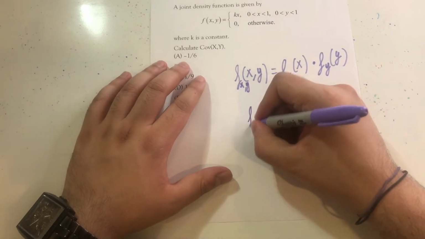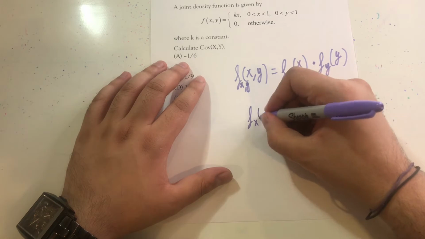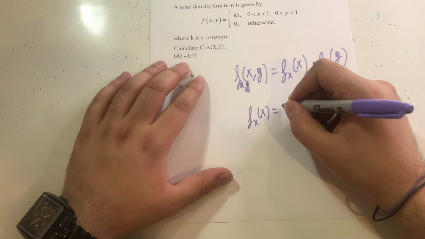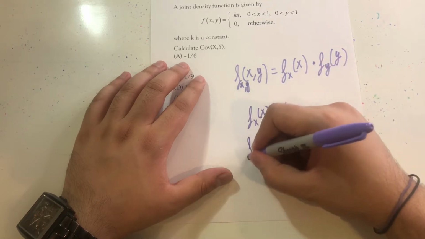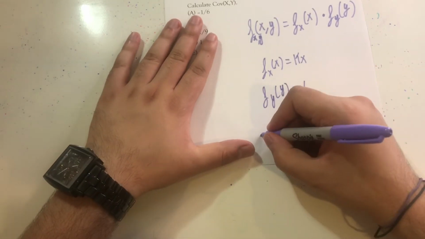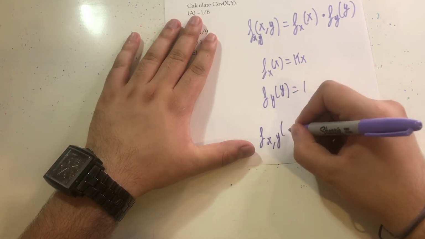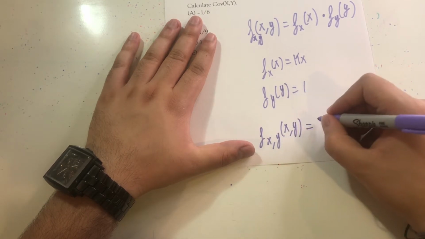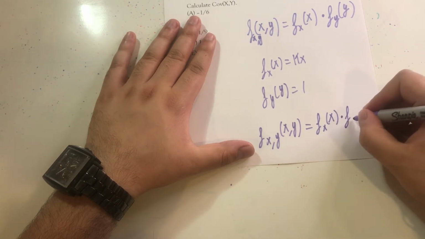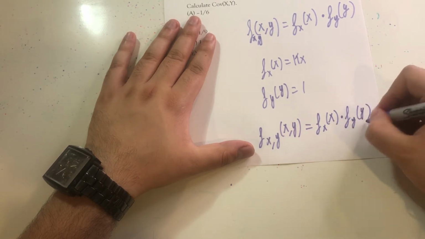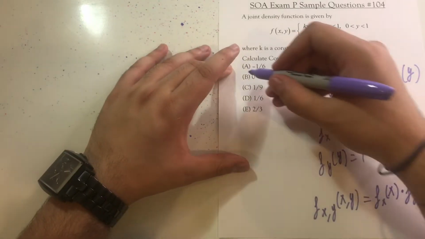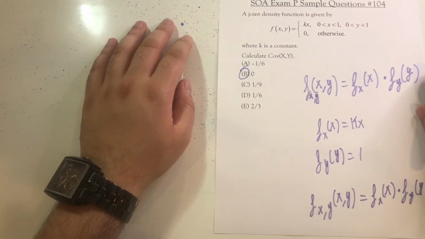Well, if f of x is equal to kx and f of y, say, is equal to just 1, then f of x comma y is actually equal to f of x multiplied by f of y here. And what are we left with? Well, this implies independence, so that means the answer must be B, 0.